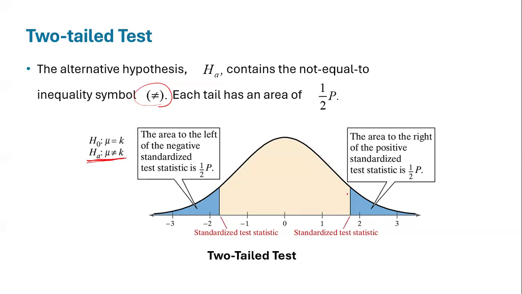For a two-tail test, when you find the test statistic, you have two areas. Some part of the p-value is on the right, some part is on the left. It means that half of the area is on the right, the other half is on the left. And to find the p-value, you just need to find one of these areas and then multiply it by 2.